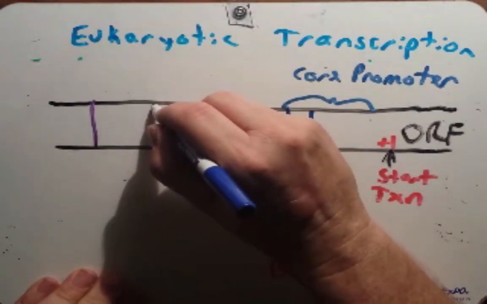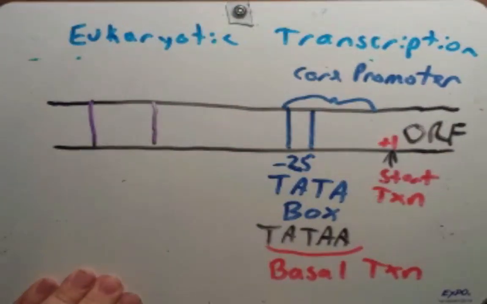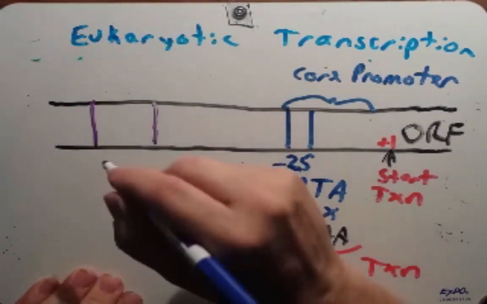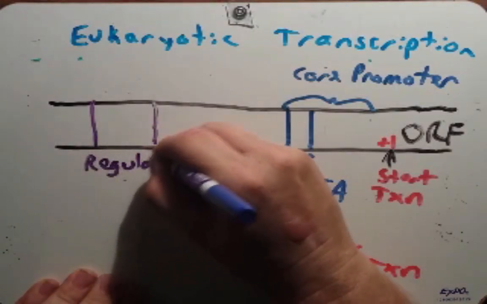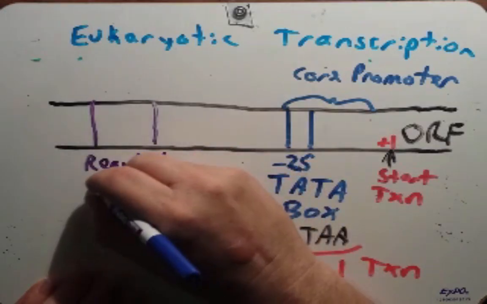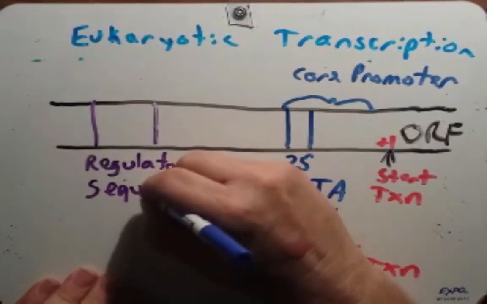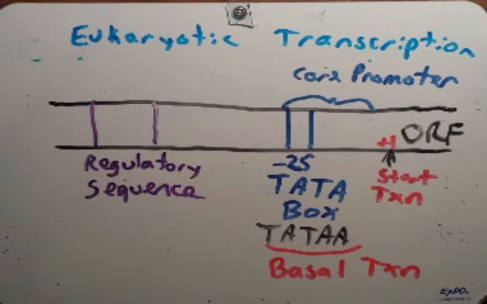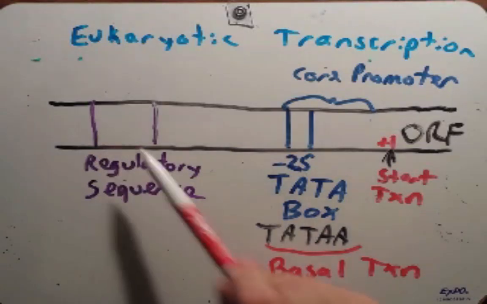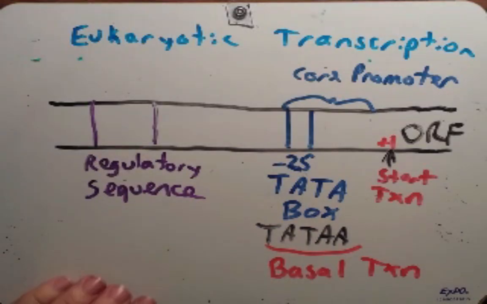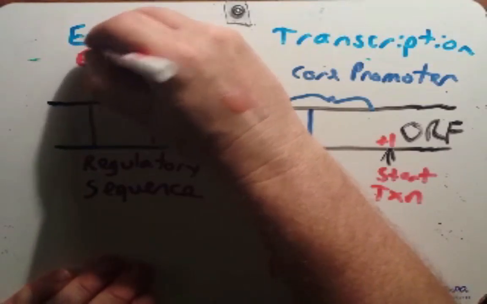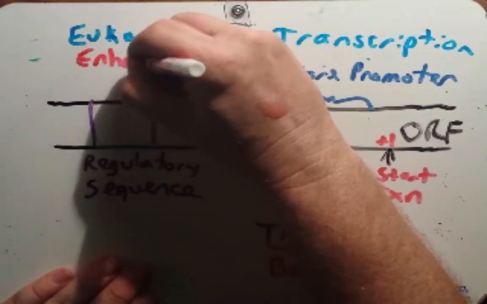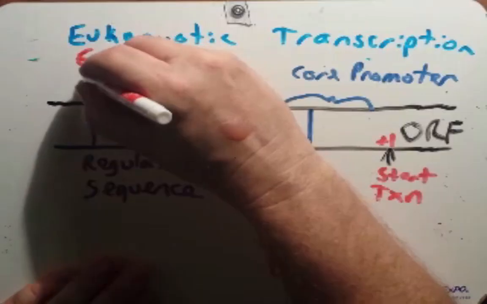Now eukaryotes will have an additional sequence here, which we're going to just call for now a regulatory sequence. Now what binds here are one of two classes of protein, and depending on which sequence it is will depend upon which proteins bind. But it could be an enhancer, or a silencer.